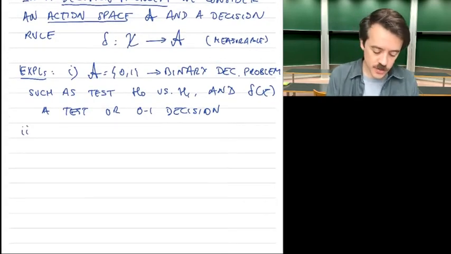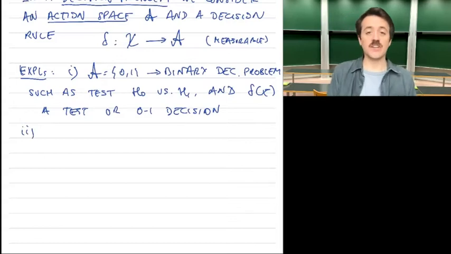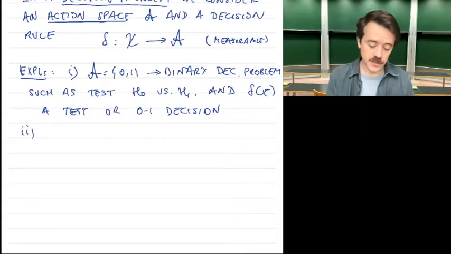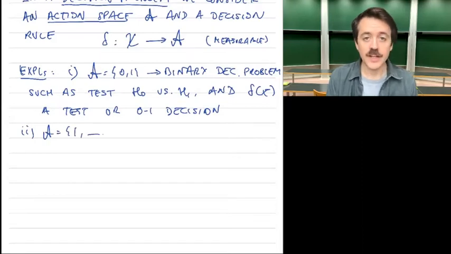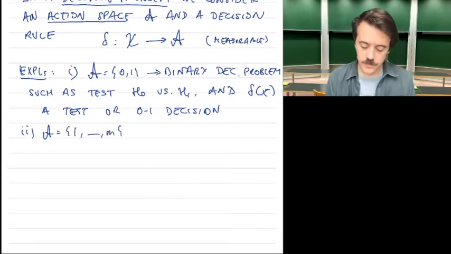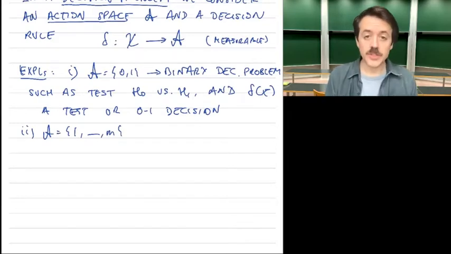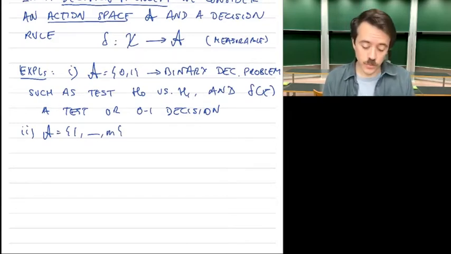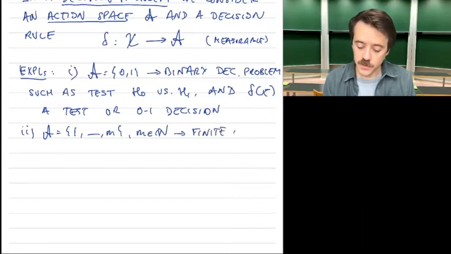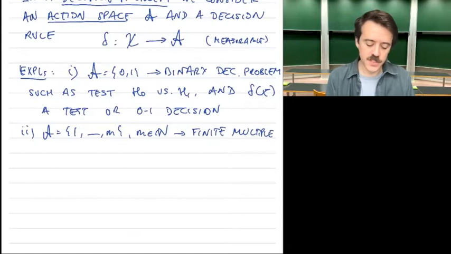Okay, so a second example: you can generalize this to any finite number, so let's just write that. Any finite number of options for your decision, so for m in the natural numbers, and so then this is what is called a finite multiple decision problem.